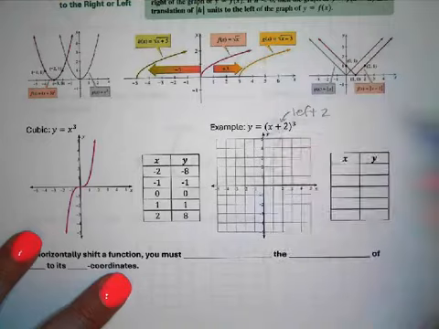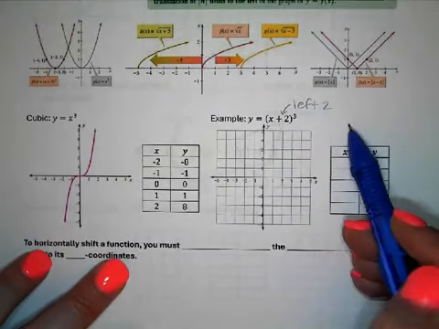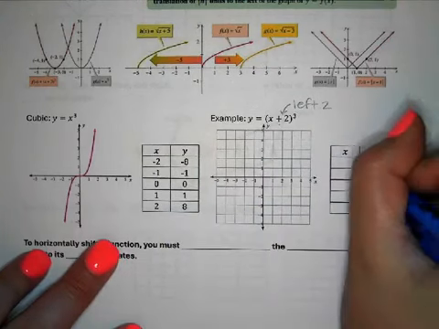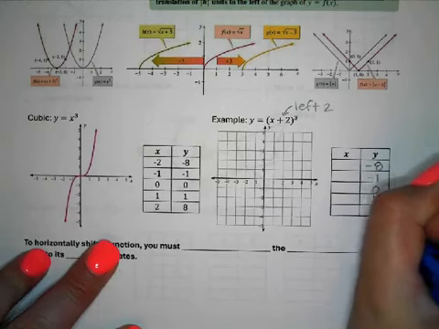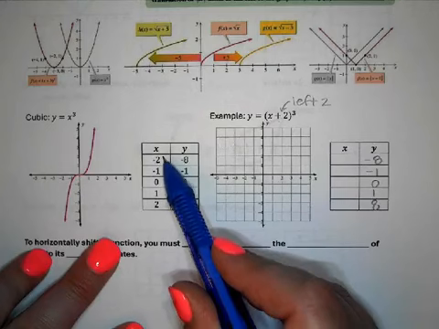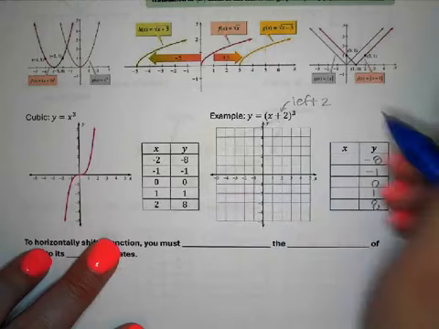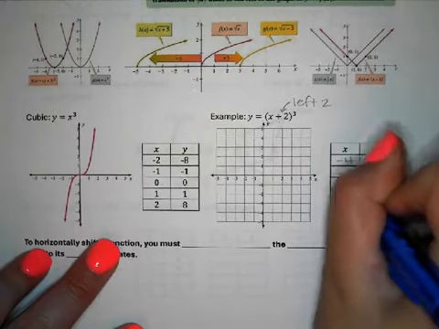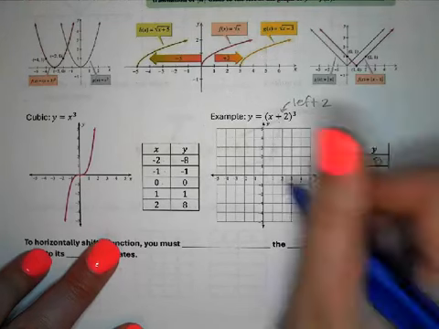Now in this case, since we're shifting to the right and the left, we're going to be adjusting our x coordinates. So I'm going to copy the y coordinates. Those are going to stay the same. And to shift the x coordinates left 2, I'm going to take each x coordinate and subtract 2. So -4, -3, -2, -1, and 0. -4, -8 doesn't really fit.